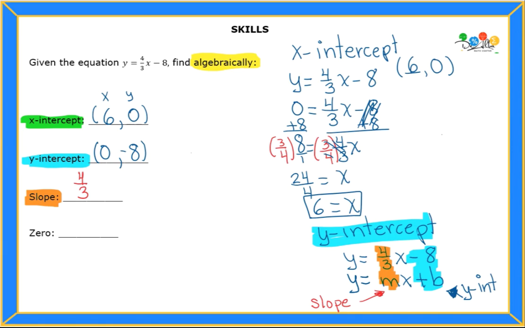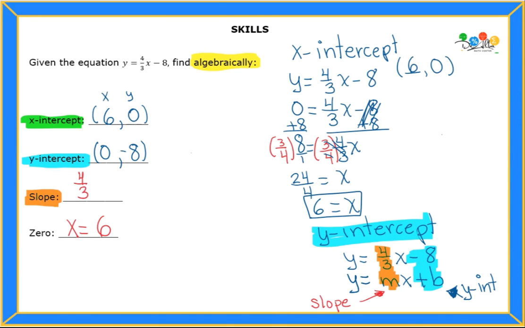And the 0, if you remember what we talked about earlier, there's a relationship between the 0 and the x-intercept. The only difference is that for the x-intercept, I'm writing it as a coordinate, 6 and 0. The 0 will be just the x value by itself, which means x will be equal to 6.